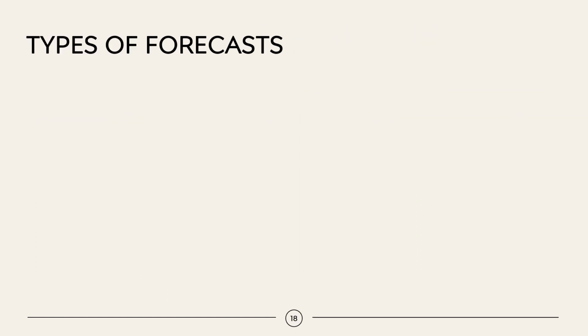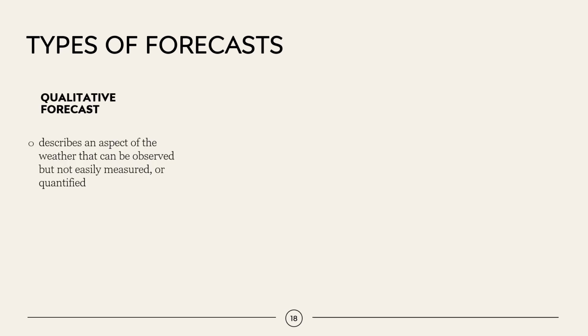We've passed through the methods and the tools of forecasting, so now we're going to check the types of forecasts. So most forecasts are one of two types, either qualitative or quantitative. The qualitative forecast describes an aspect of the weather that can be observed but not easily measured or quantified.